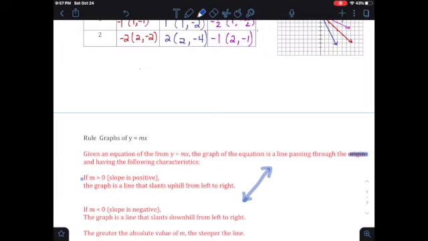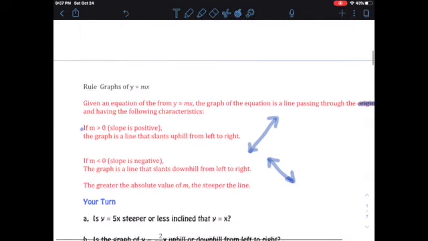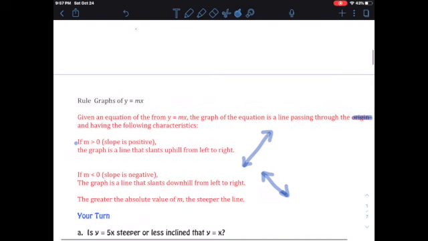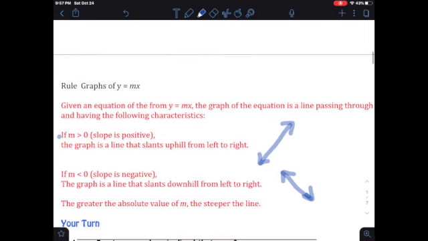The graph is a line that slants downhill from left to right. Slant downhill. You guys have to know that. The next one is the greater the absolute value of m, the steeper the line. So we are using absolute value to make the rule true.